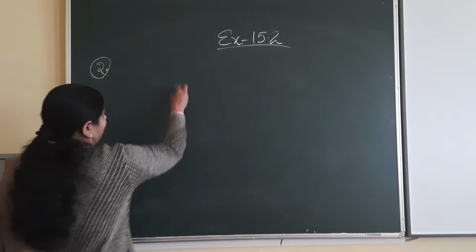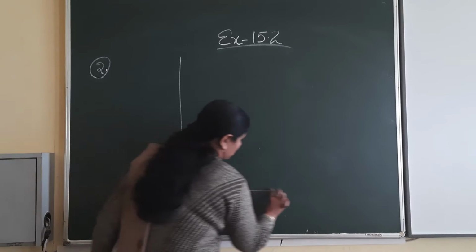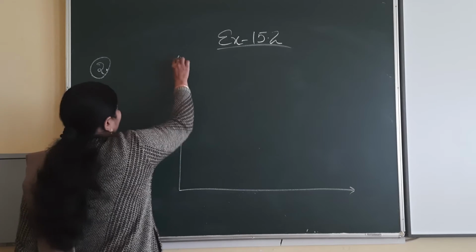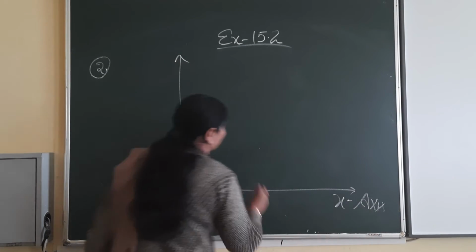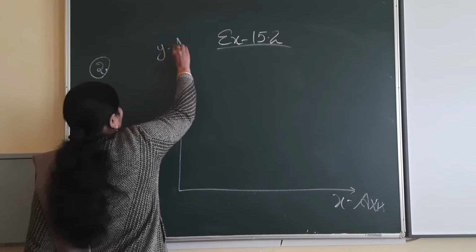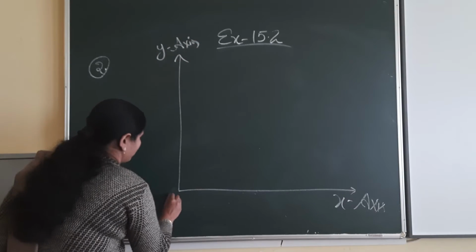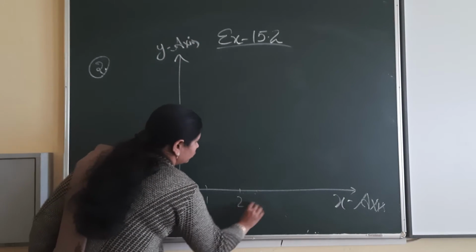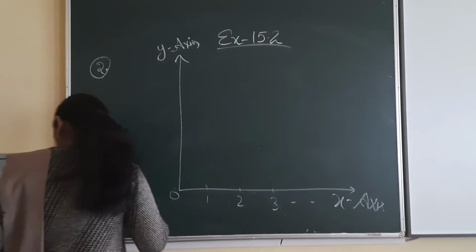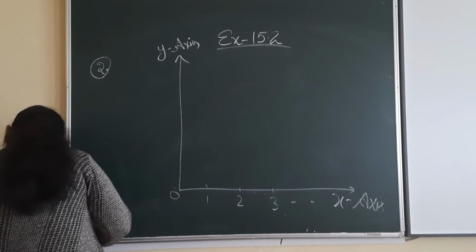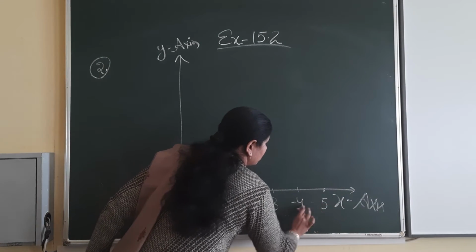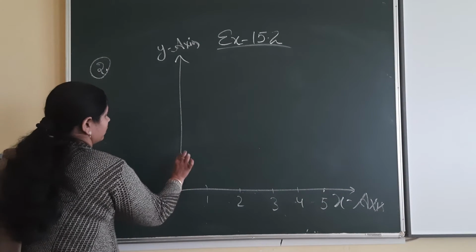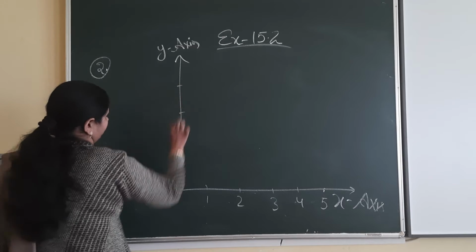Okay, to locate them, we have to again consider the coordinates by the axis. This one horizontal 1, 2, 3 and so on. And y-axis 1, 2, 3, 4, 5. Take till 5.